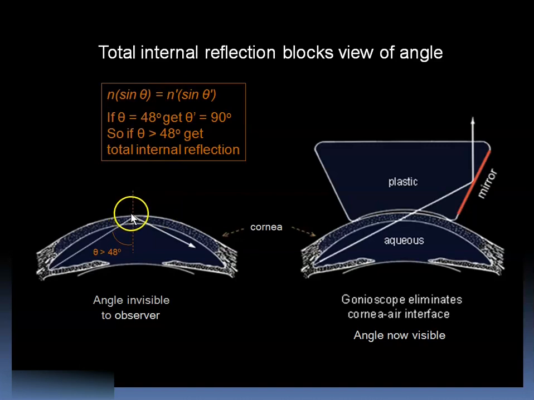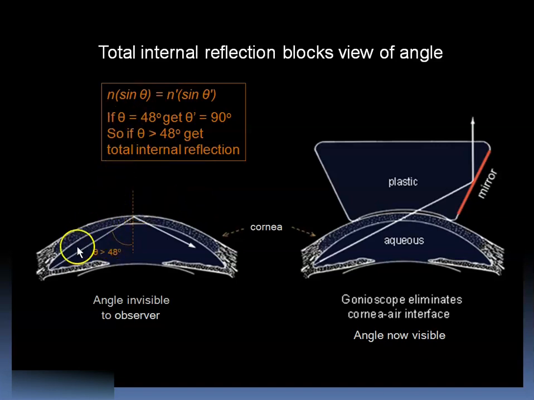There is a point at which, given an originating angle, the exiting angle will be 90 degrees. Anything from that point onwards creates total internal reflection such that light cannot get out to the medium of lower index of refraction.